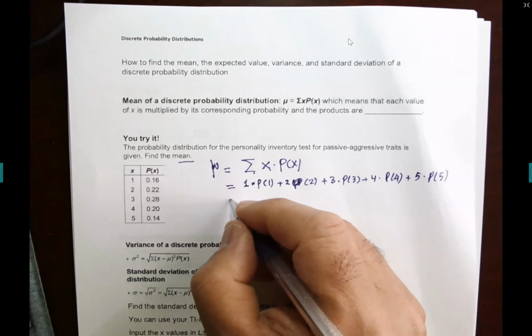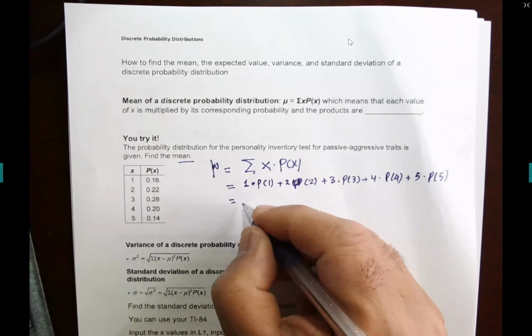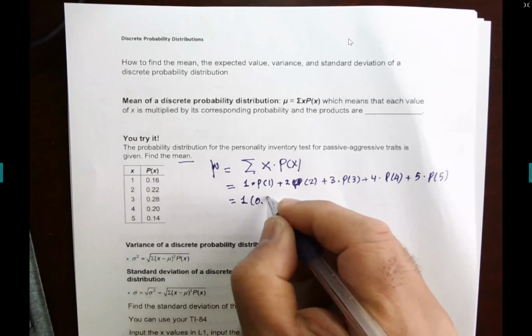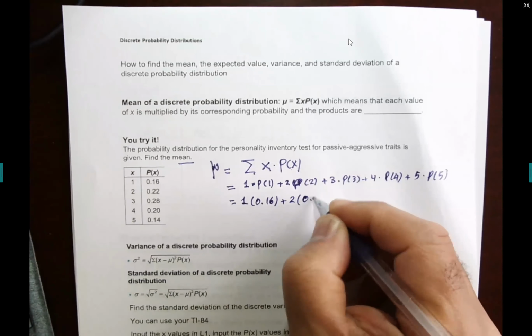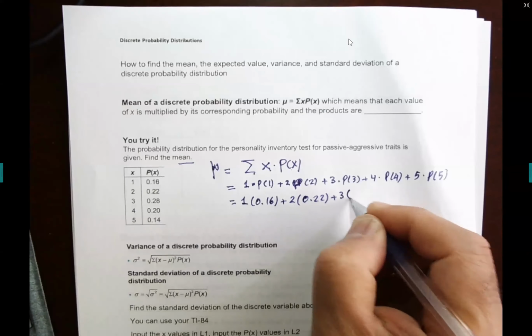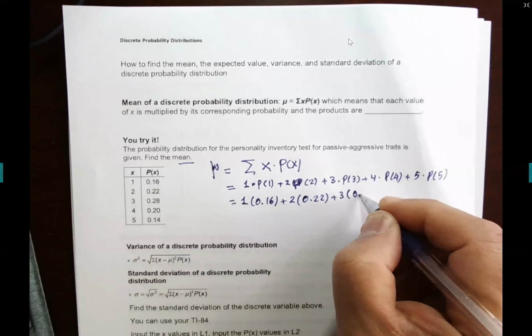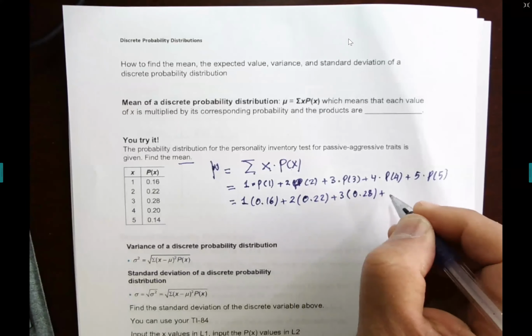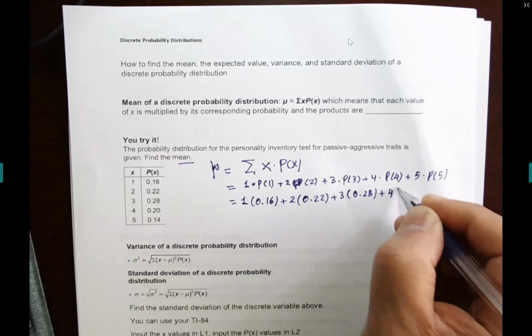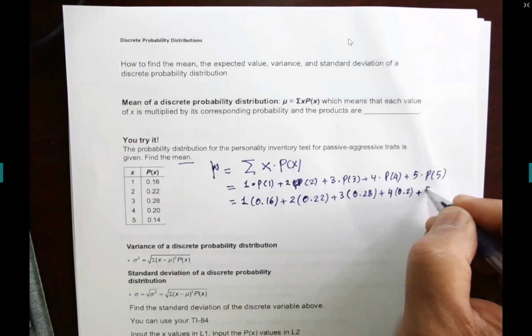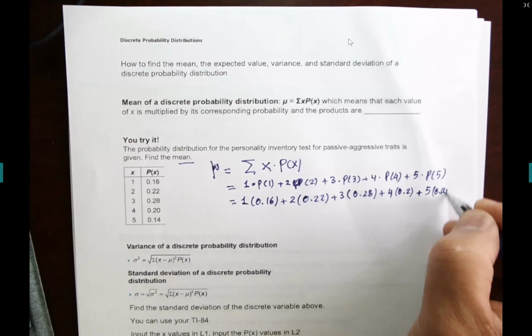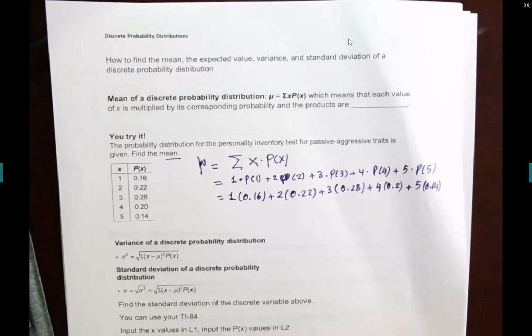But you will be happy later to find out that this can be done on the calculator. 2 times 0.22 plus 3 times 0.28 plus 4 times 0.2 plus 5 times 0.14. And then we do the math and we figure this out.